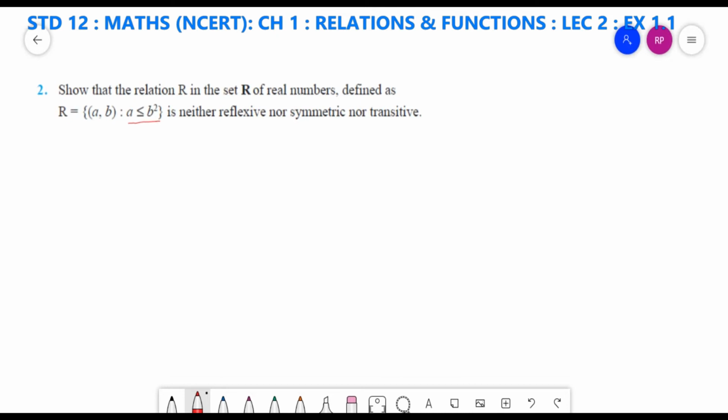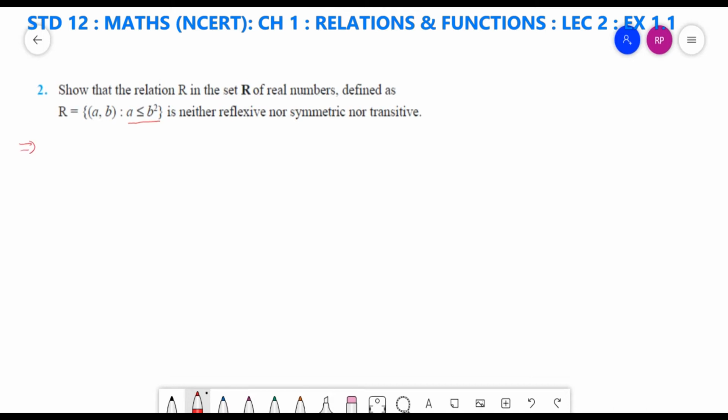Here the relation must satisfy a less than or equal to b square. If we can get any single example where (a, a) does not belong to R, then it will not be reflexive. Clear? So now let's start.